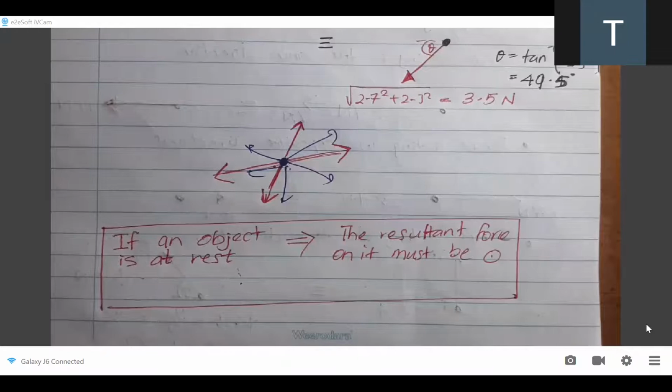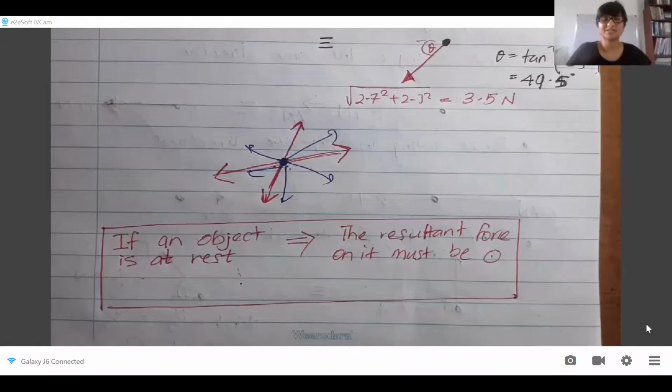So now you all are saying what would happen to the object if the resultant force is zero. If the resultant force is zero, either it would be at rest or it would be moving at a constant velocity. What if there is a resultant force? What if the net force is not zero?